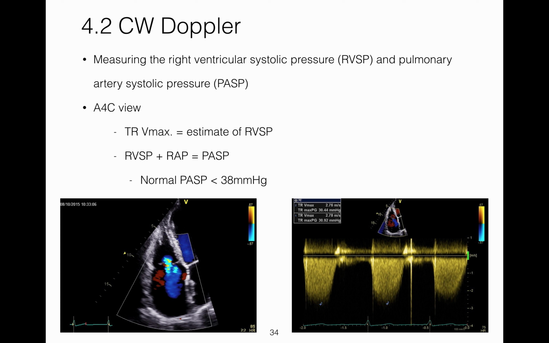The tricuspid regurgitant maximum velocity is an estimate of right ventricular systolic pressure. Right ventricular systolic pressure plus right atrial pressure equals pulmonary artery systolic pressure. A normal value for pulmonary artery systolic pressure is less than 38 millimeters of mercury.